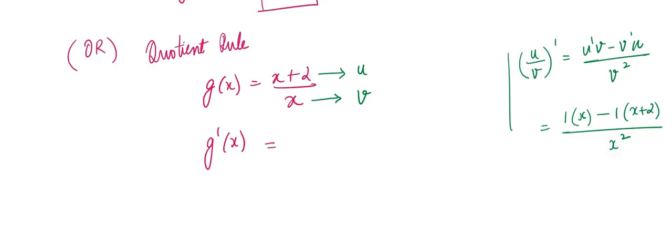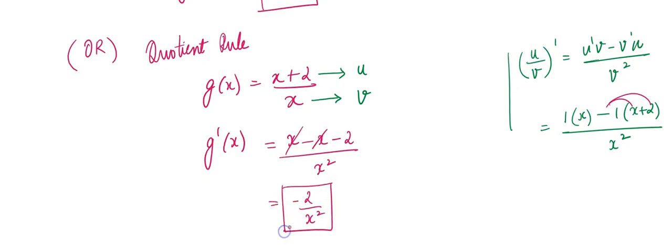So I'm going to bring that in here, and that's going to be x, distribute the minus, x minus 2 over x squared. X and minus x will cancel off, negative 2 over x squared. We got that same answer in a jiffy, right?